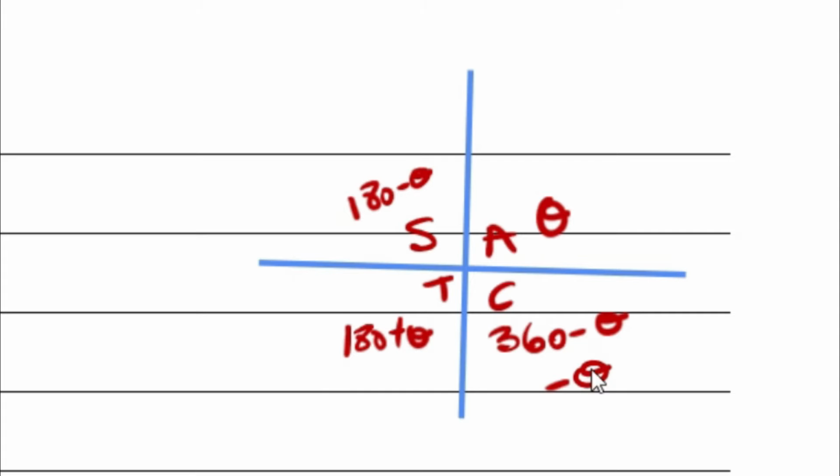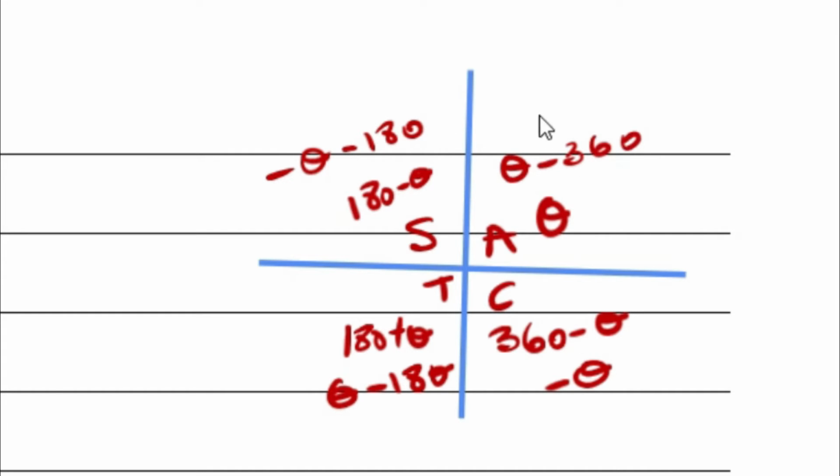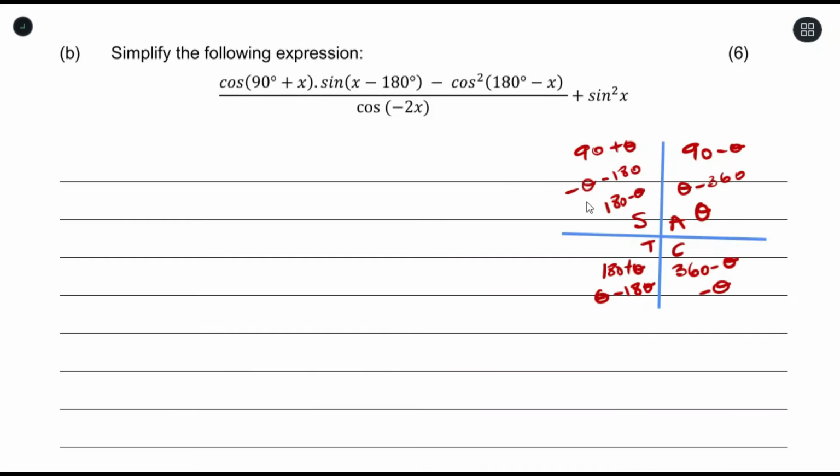This is negative theta, this is theta minus 180, this is negative theta, negative 180, and this here is theta minus 360. For cofactors or cofunctions, this here is 90 minus theta, and this here is 90 plus theta, right? So we can use each and every one of these identities to help us reduce our expression, okay?